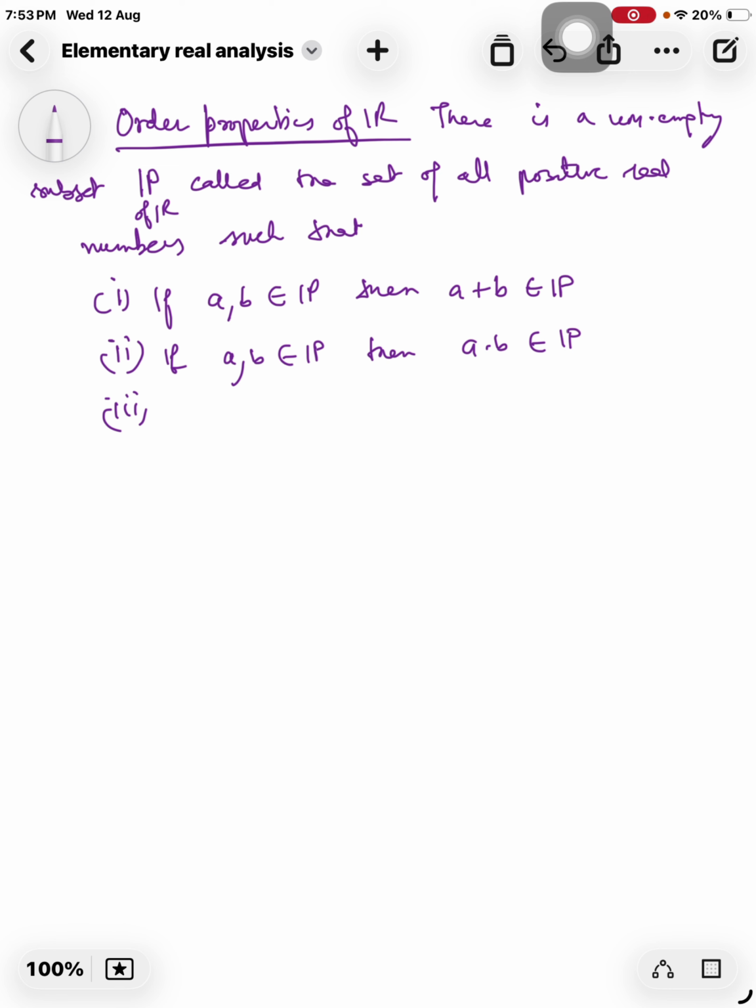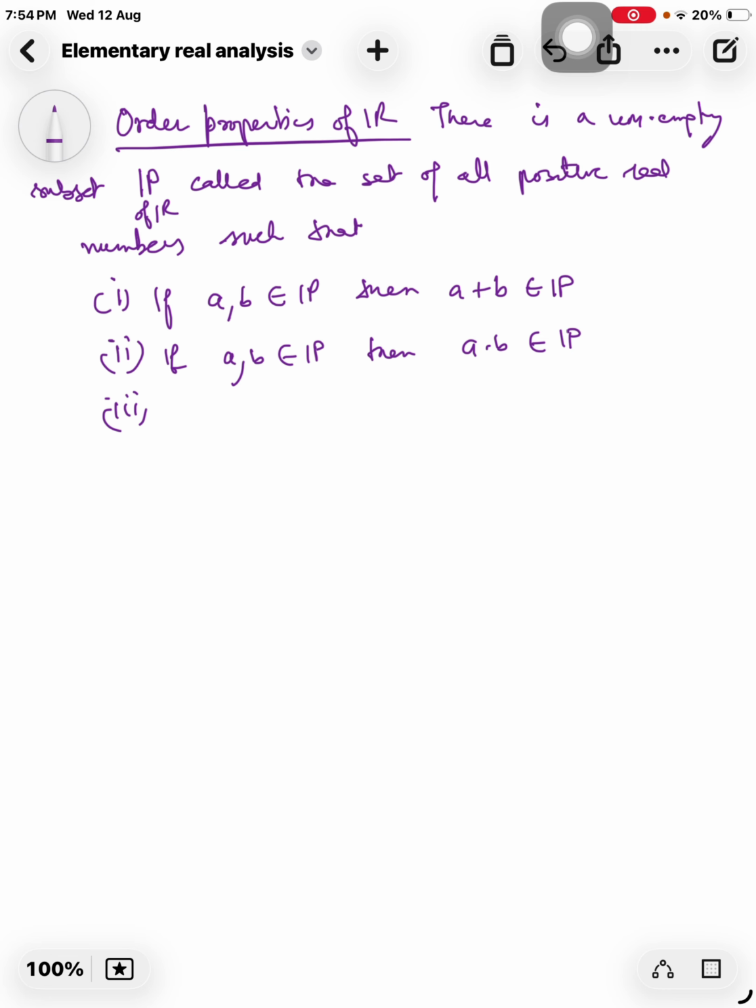For example, if you have two real numbers like -2 and 3, then their product, which is -6, is not in P, right? So not all real numbers satisfy this property, but those real numbers who satisfy all these properties that I am writing are elements of a set which is called the set of all positive real numbers.